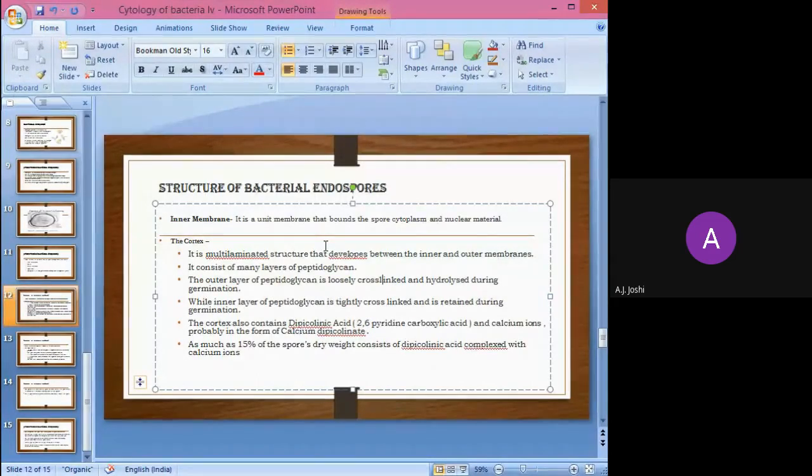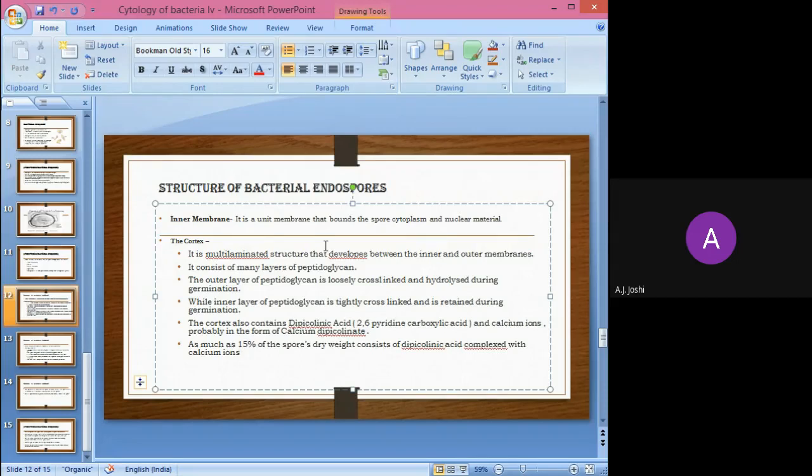So the cortex contains dipicolinic acid and calcium ions, and probably it is in the form of calcium dipicolinate. So the major remarkable content of the bacterial endospore is dipicolinic acid, also called 2,6-pyridine carboxylic acid, and calcium ions. Mainly both are present in the form of calcium dipicolinate.